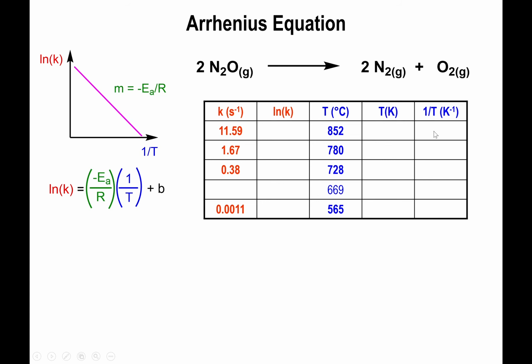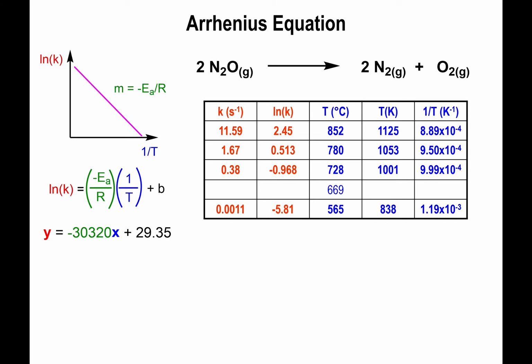And lastly, you have to take the value of k and apply the natural log to it. Alright, so you'll have new values. Either you could use Excel, you could use Logger Pro, or any other program that you may like. But the idea is that you have to get the ln of k to plug in as your y values for the Arrhenius equation, and you have to get your inverse temperature to be input as your x value in your graph.